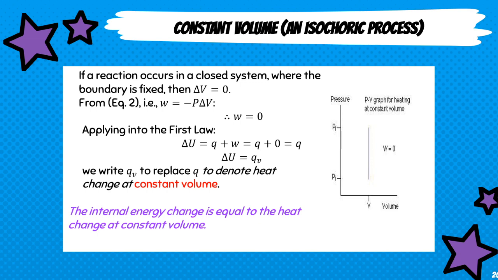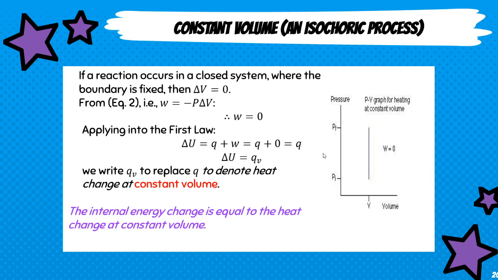So pretty much for today's lecture I want to cover the first law of thermodynamics. Please remember all the signage for W and Q with respect to whether it's work done by the system or work done on the system, heat loss or heat gain, and know what free expansion is, know the equation for work, which is the opposing pressure times delta V, and know the two processes, isobaric and isochoric, and the associated PV diagrams.